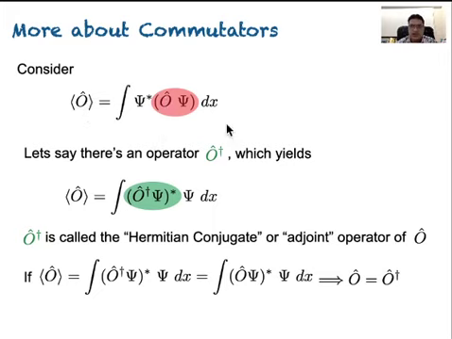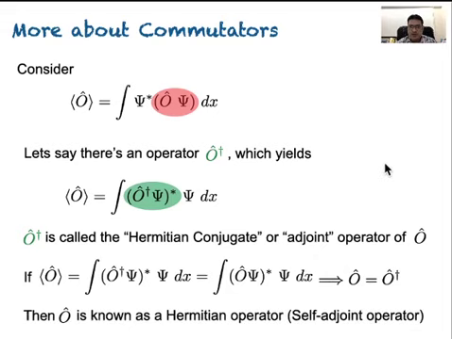If another operator O dagger yields the same expectation value by performing the operation this way, then O dagger is the Hermitian conjugate or adjoint of O. And because of this, O dagger is O. Then O is known as a Hermitian operator, or also a self-adjoint operator.